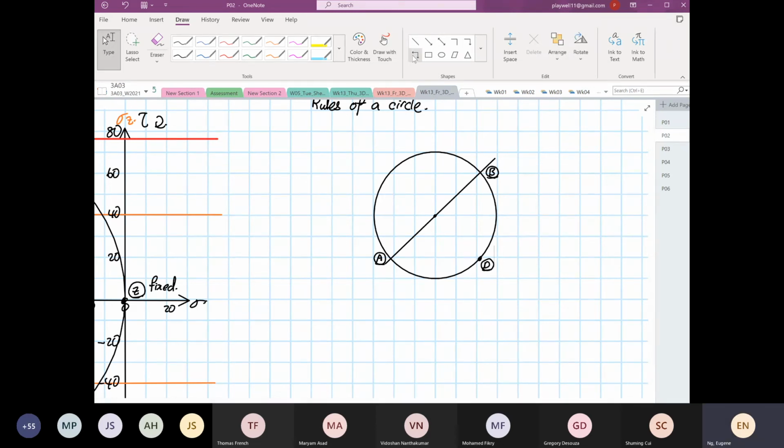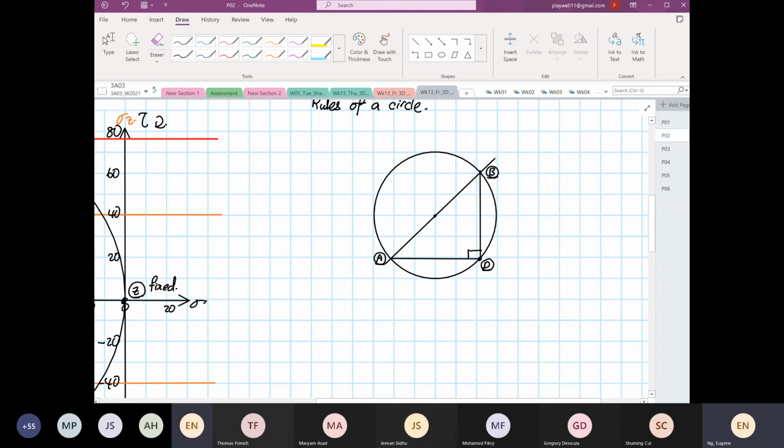If you look at the grid line that I have, you realize that this is automatically how many degrees, anyone? 90 degrees. Am I right? This is spot on 90 degrees. That's what we call the rules of the circle.